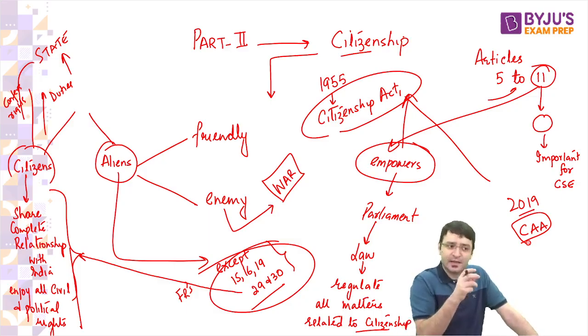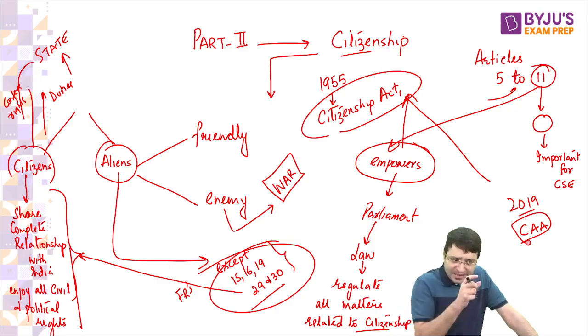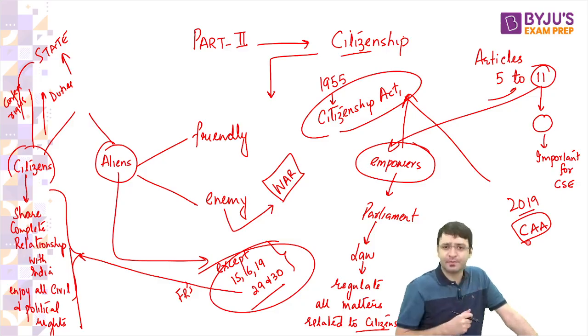That feeling, that romantic idea is the feeling of citizenship. A German citizen watching this India-Pakistan cricket match will not feel the same way as you would feel it. So that idea is the idea of citizenship.